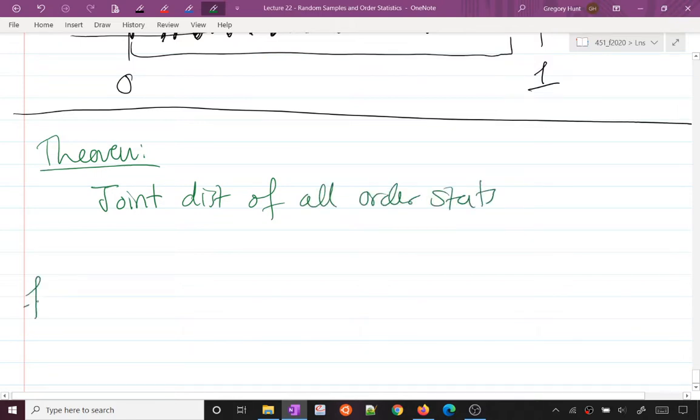That is, we could look at the PDF of the minimum and the second smallest one and the third smallest one all the way up to the maximum. We have n different order statistics: first smallest, second smallest, third smallest, etc. So we can evaluate this at some values u1, u2, u3, etc. Some dummy variables, doesn't matter.